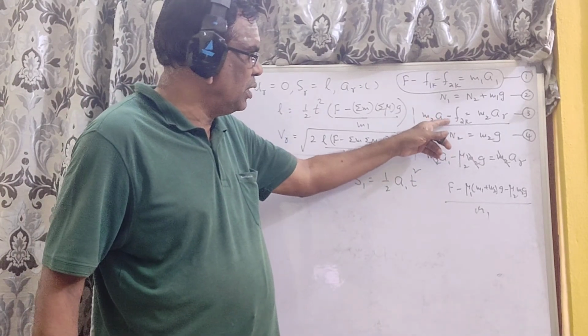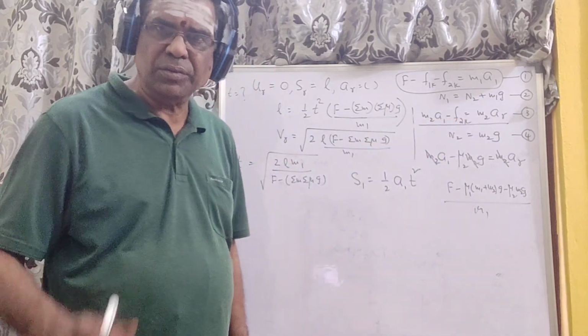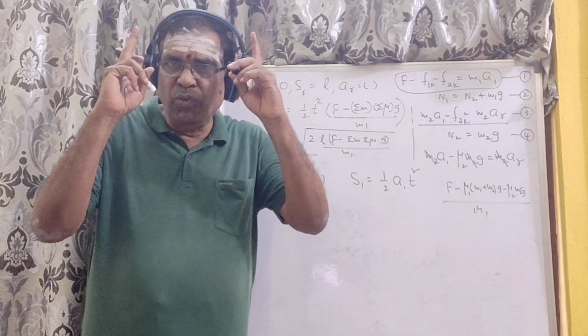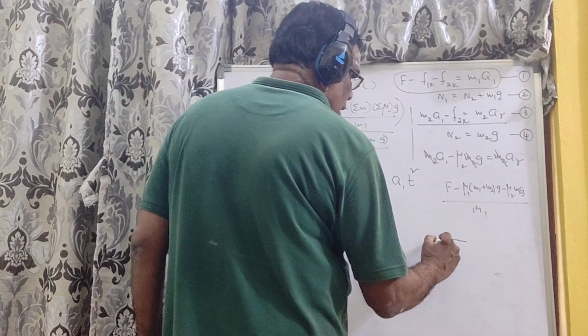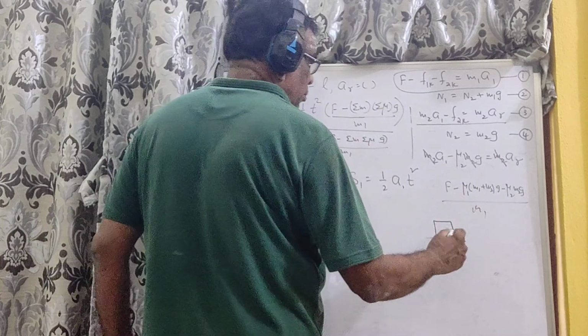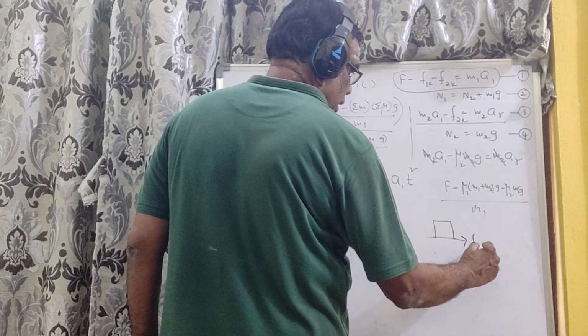See, M2 A1 minus R is equal to M2 L. AR is 0. What is the force acting on the upper body? There is only one force acting on the upper body, the horizontal. On the upper body, I have already explained it to you.